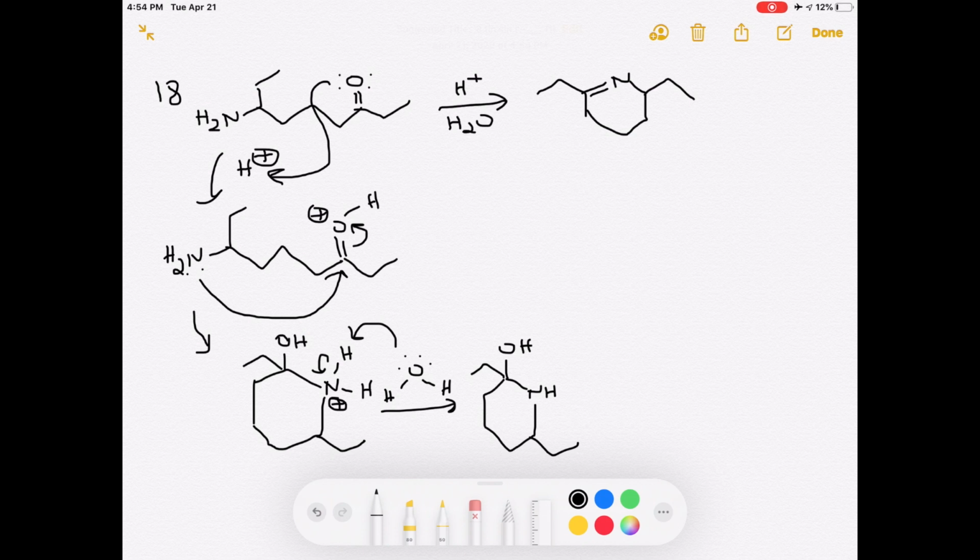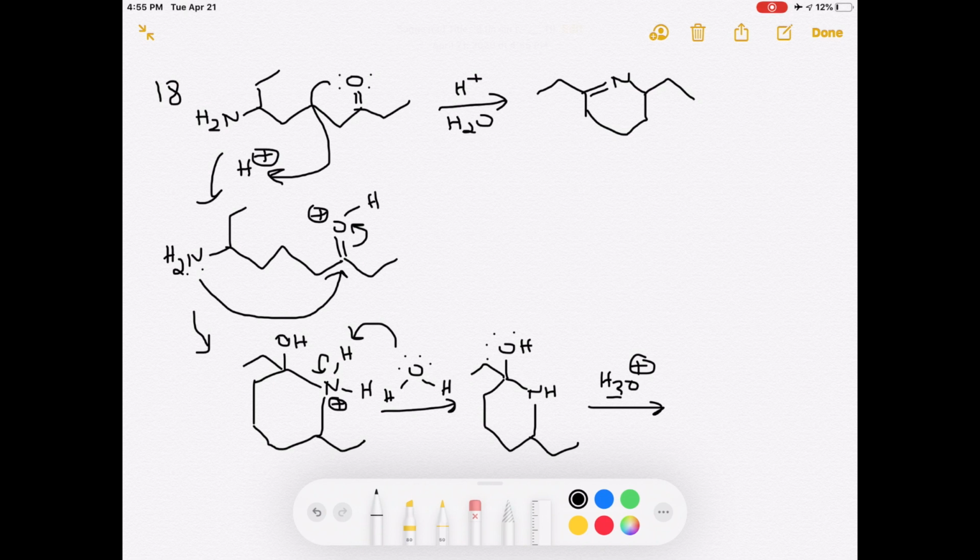intermediate, we're still in acidic conditions. So since there is an oxygen and we are in acidic conditions, the oxygen will be protonated by the acid present. I'm just going to write hydronium.